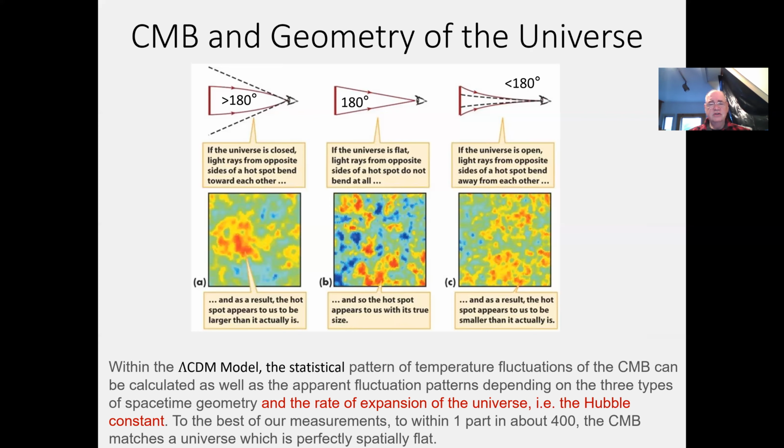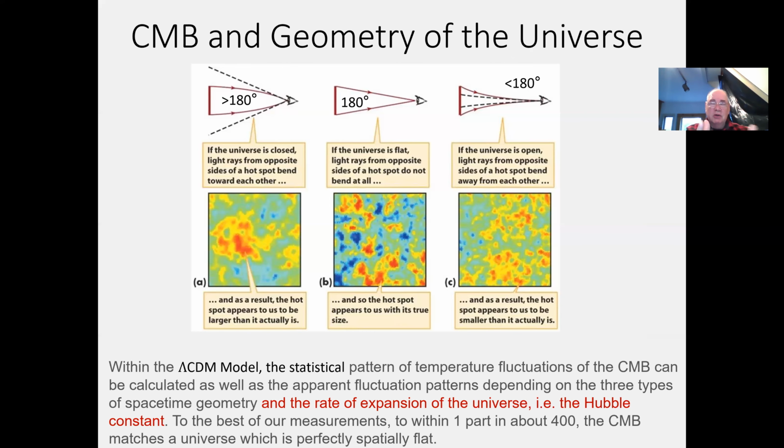Another way to do this is to measure a triangle in the sky, a very big triangle. Luckily, we have a very big triangle. Two sides of the triangle are two pieces of the cosmic microwave background. Take one hot spot and another hot spot. Or more realistically, take one side of a hot spot and the other side of a hot spot, because those can be measured.